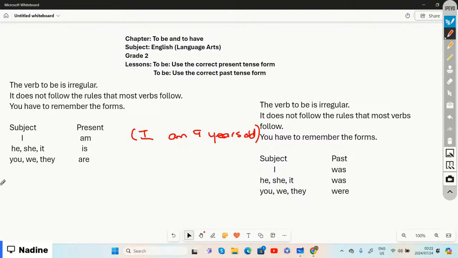All right. Now, if we go to the past tense, right? So that is our present tense. It says the verb is irregular, right? And once the verb is irregular, then it means that it doesn't follow any rules like most verbs do.